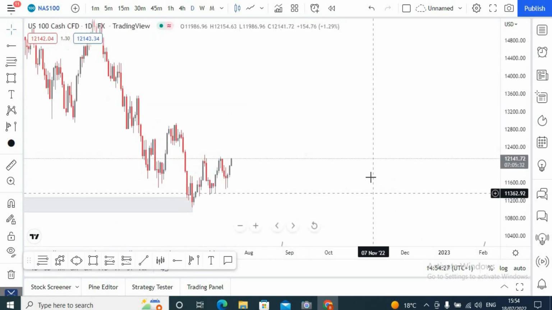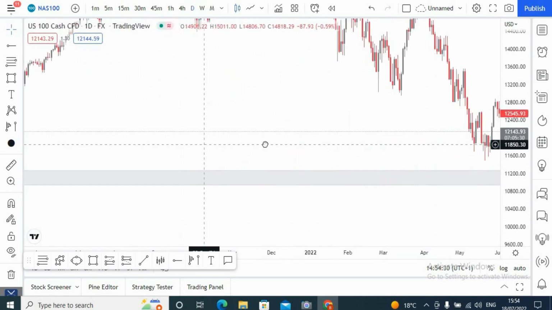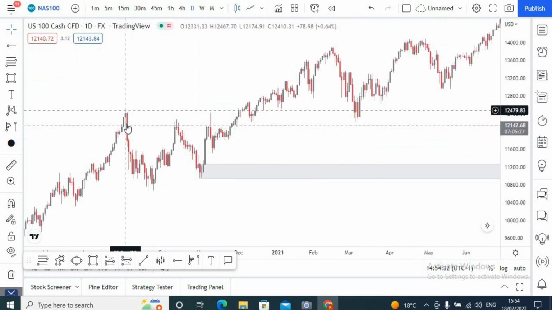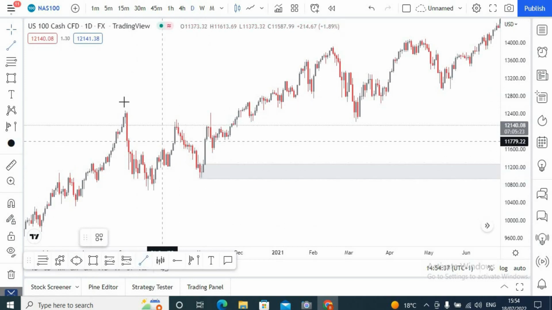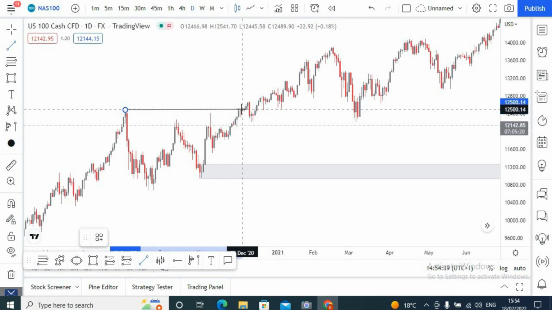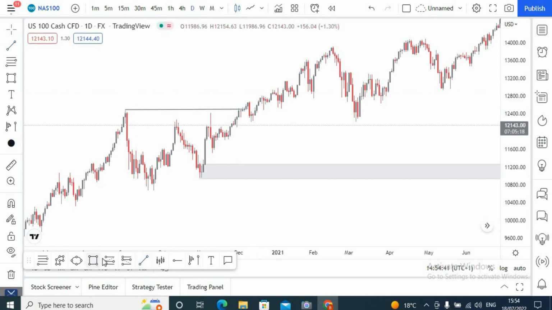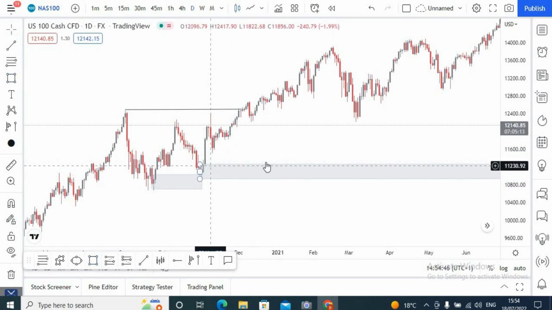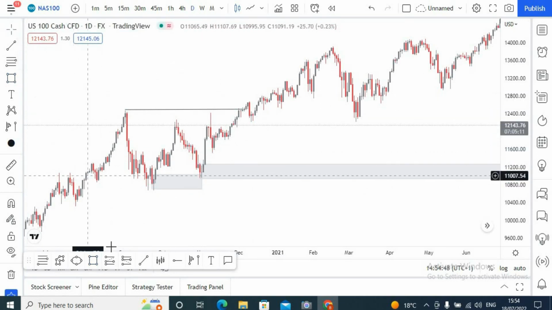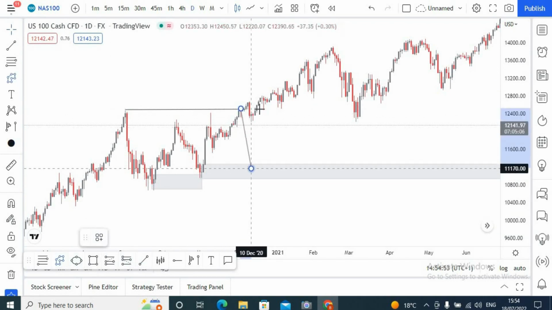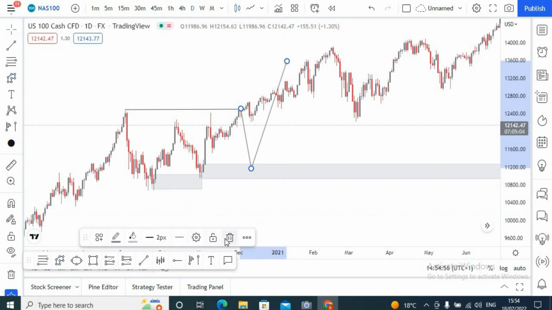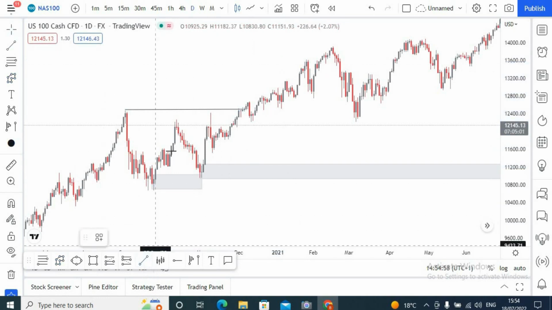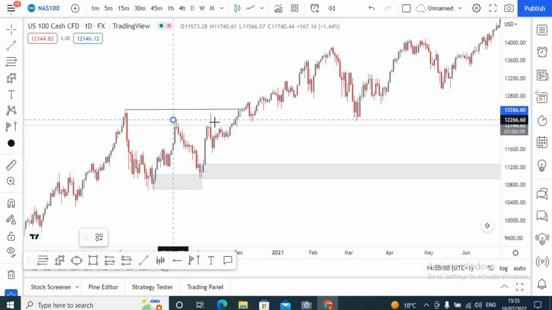So as you can see, we do have a drop base rally, meaning this is our base area which was never mitigated. This zone was mitigated and this zone was left unmitigated because we were expecting a move to this zone, and then the price would continue going to the upside, because here we also have a break of structure.